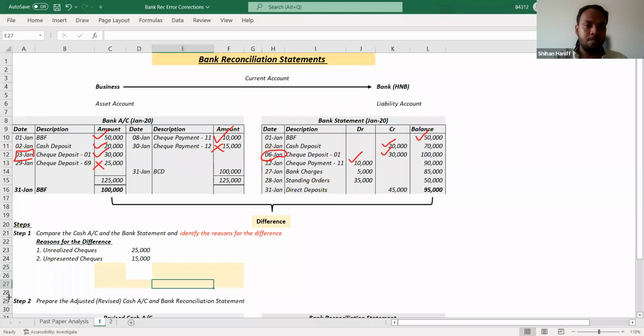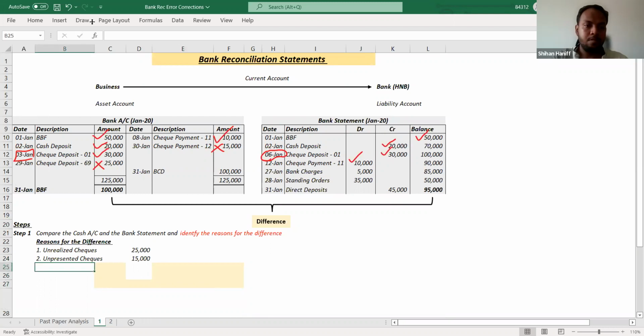Okay. Now the bank account is done. Then we go to the bank statement. There are some other transactions which are not in the bank account. One is bank charges, which is 5,000.